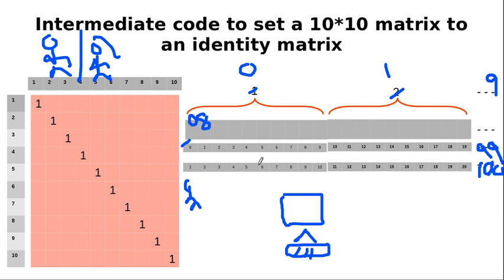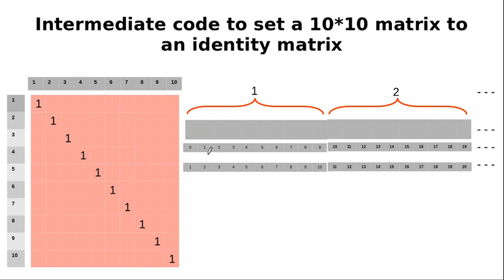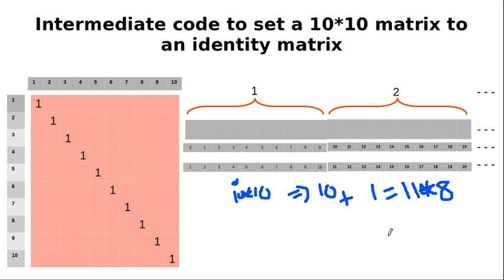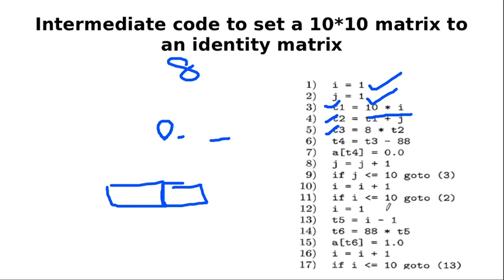Now we can assume your i value is 1 and your j value is 1 according to the user's point of view. So first, i into 10, that is 1 into 10, 10, plus our j value 1, that is 11. How many bytes are you allocating for each element? 8, so 88.